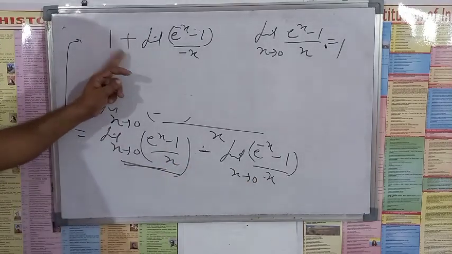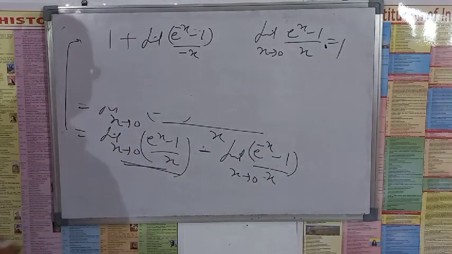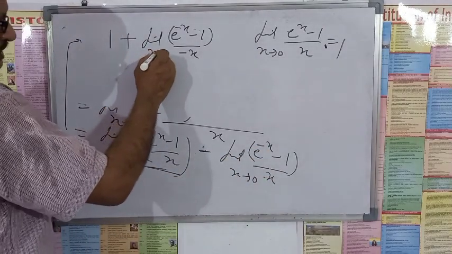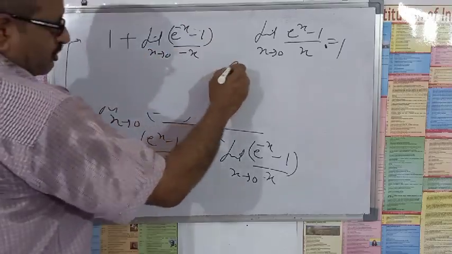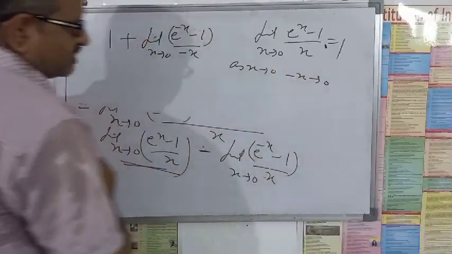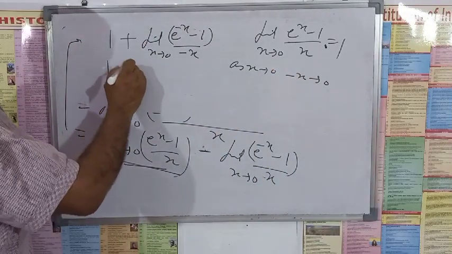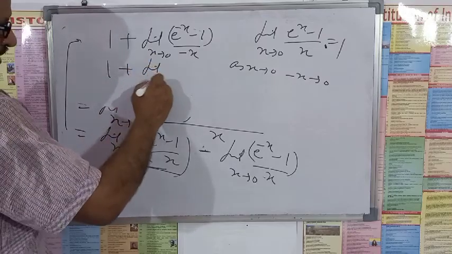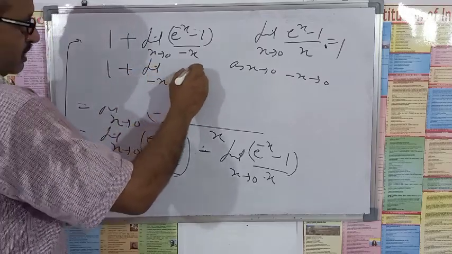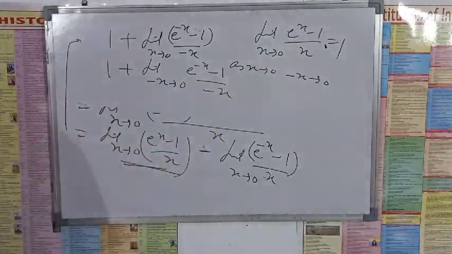So we can write it 1 plus limit e to the power minus x minus 1 upon minus x, and here x tends to 0. So as x tends to 0, minus x also tends towards 0. So 1 plus limit minus x tends to 0, e to the power minus x minus 1 upon minus x.